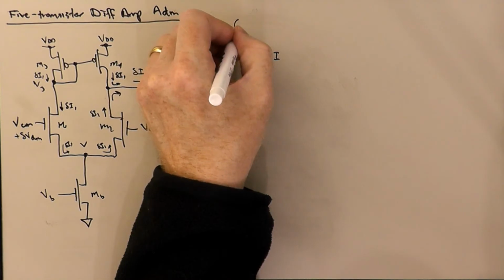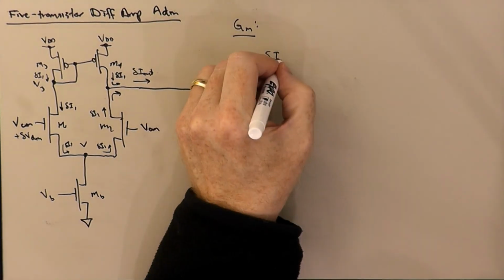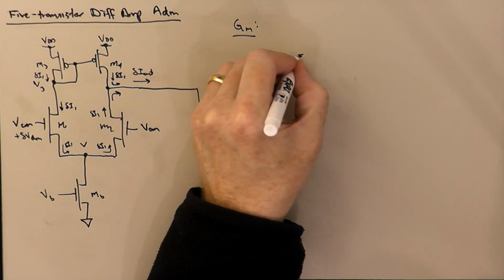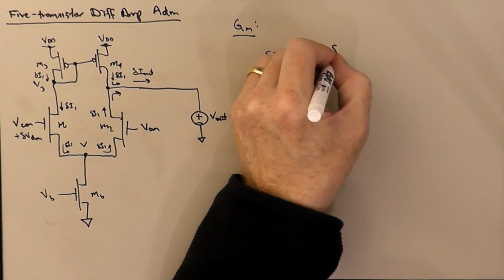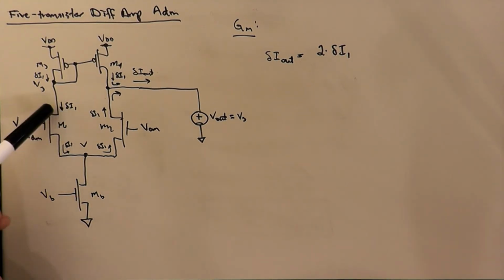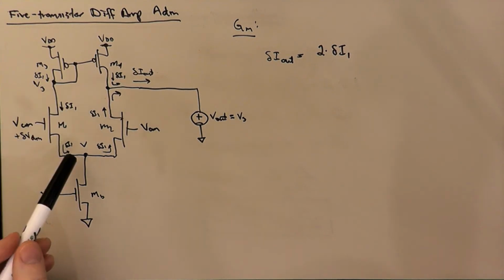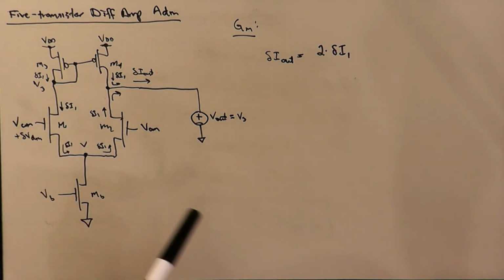So this is the GM part of the node fixing calculation. Delta I out is going to be 2 times delta I1. Well, now we're in a position where we have to figure out what is the delta I1. Well, we have a saturated transistor here, a saturated NMOS transistor, and we have a finite incremental resistance connected down in the source.